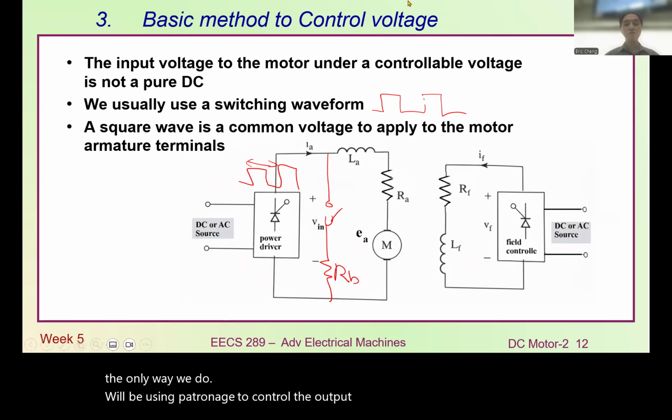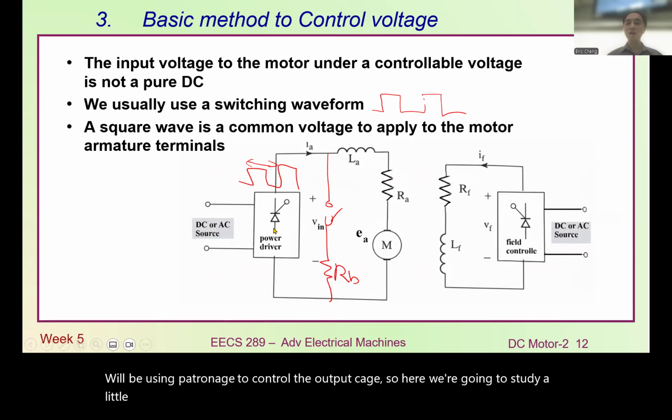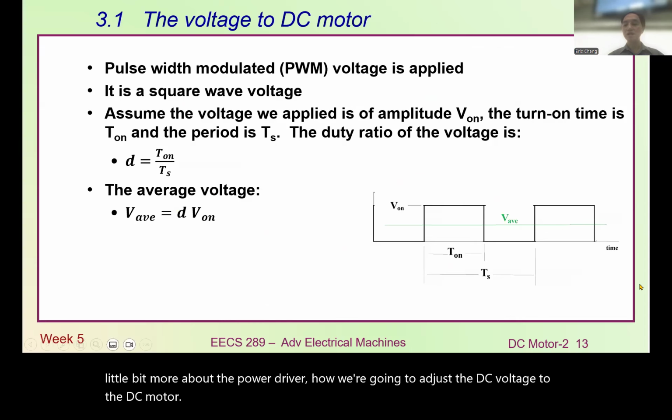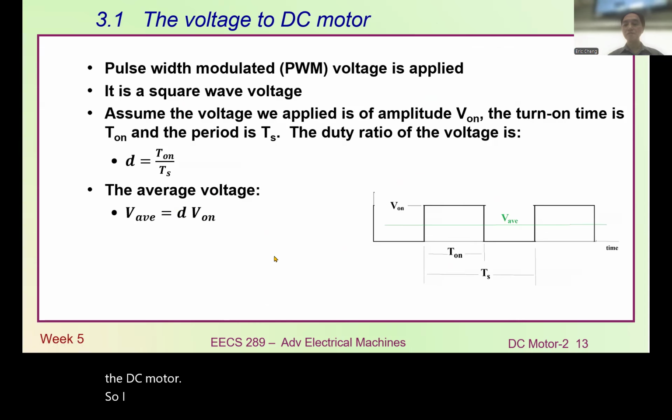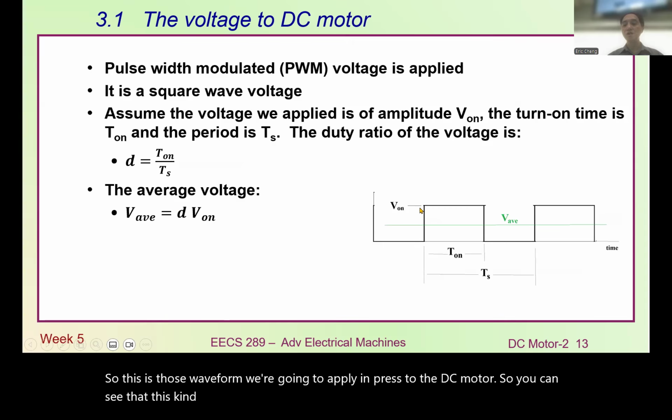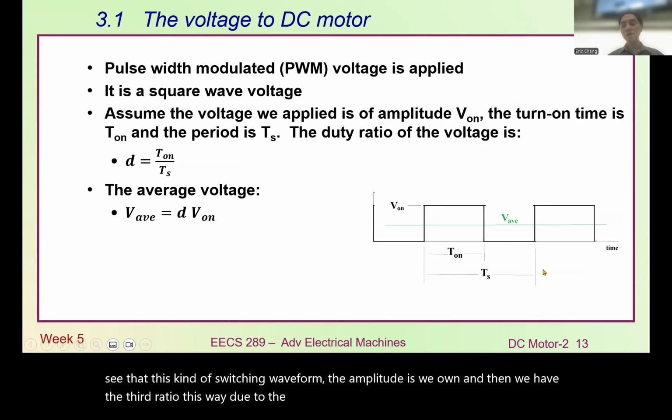So here we're going to study a little bit more about the power driver, how we adjust the DC voltage to the DC motor. I think that's quite straightforward. These are the waveforms we're going to apply to the DC motor. If we have this kind of switching waveform, the amplitude is V on, and then we have the duty ratio, T on divided by Ts.